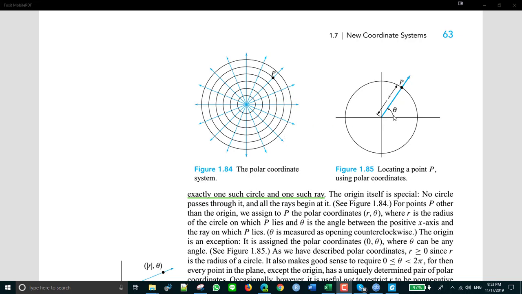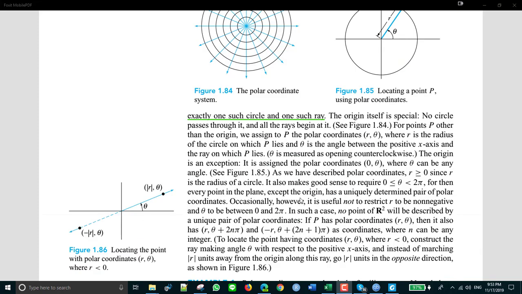Like that. And then she also says it makes good sense to require that theta be between 0 and 2 pi. Of course, we could have bigger angles than that going around and around, but if we allowed that, then we would have to give multiple coordinates for a single point.